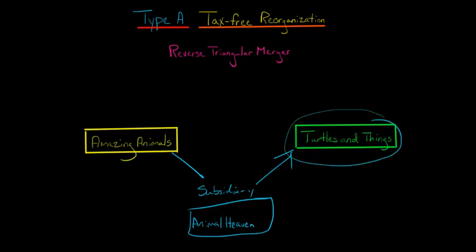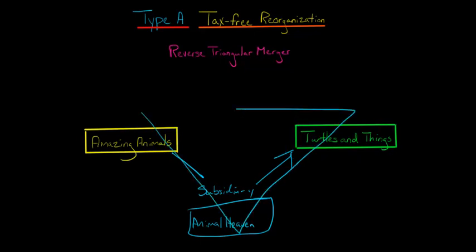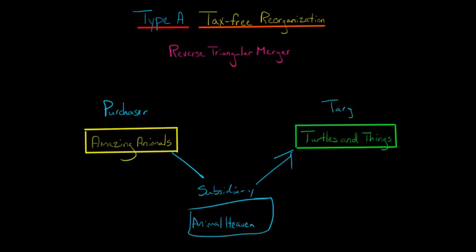Even though it's taking place this way, and this is why it's called a triangular merger, if you see the triangle shape here, Amazing Animals is still the purchasing corporation, and Turtles and Things is the target. Ultimately this subsidiary is going to disappear because it's merging into Turtles and Things.